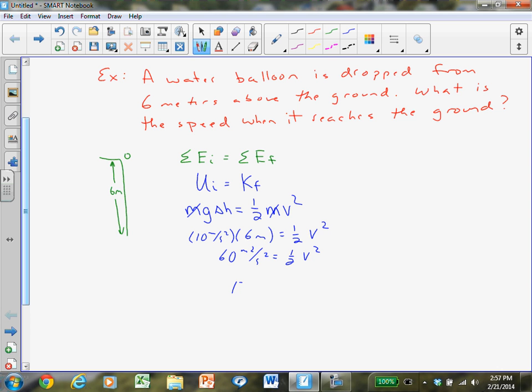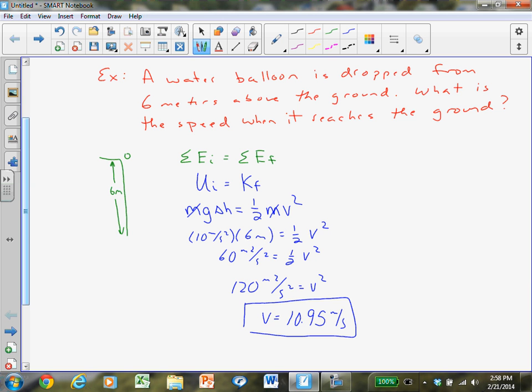Bring the 2 over. 120 meters squared per second squared equals v squared. So v is the square root of that, which is square root of 120. The speed will be 10.95 meters per second, and of course that's down.